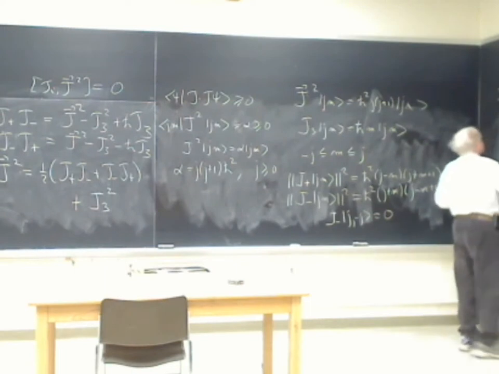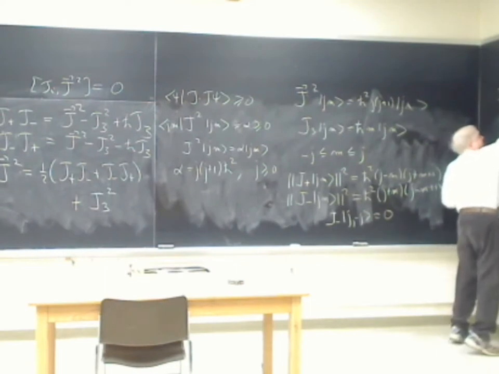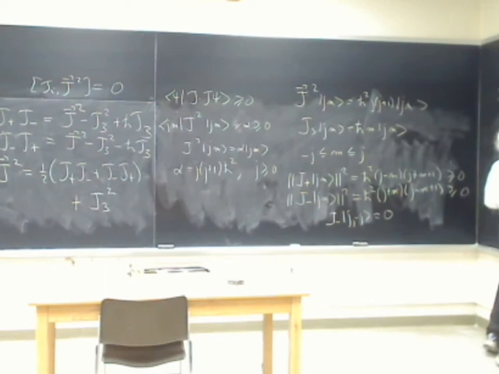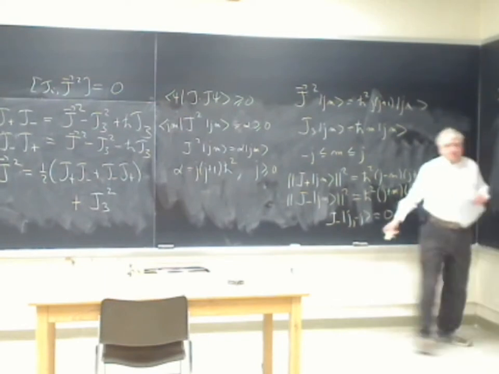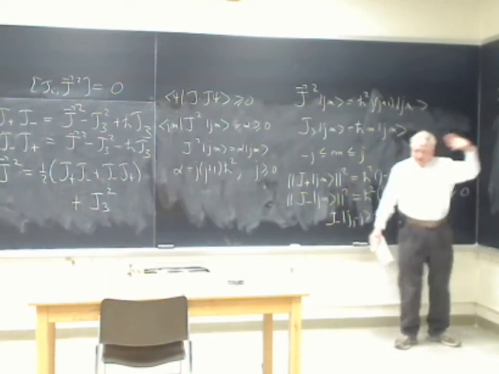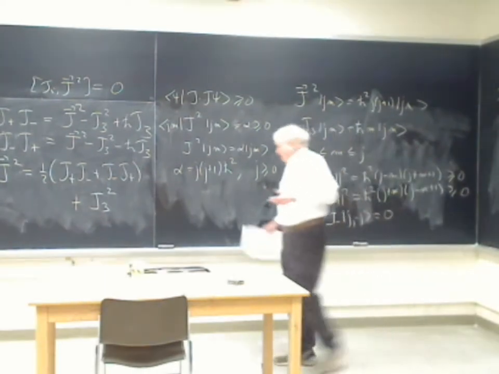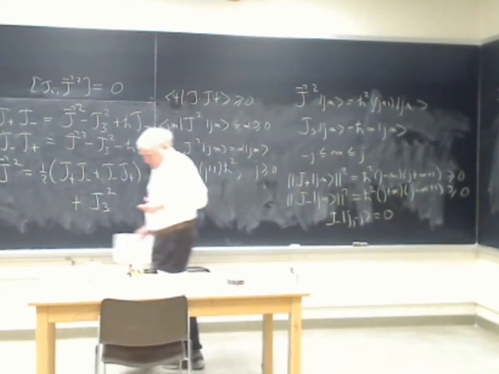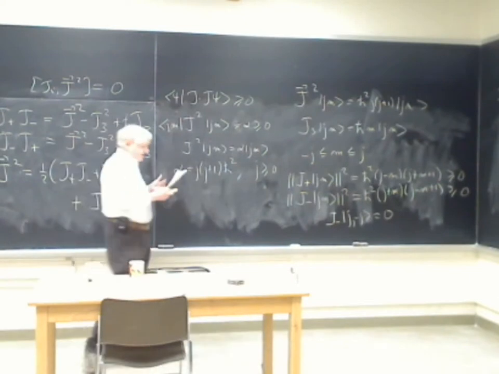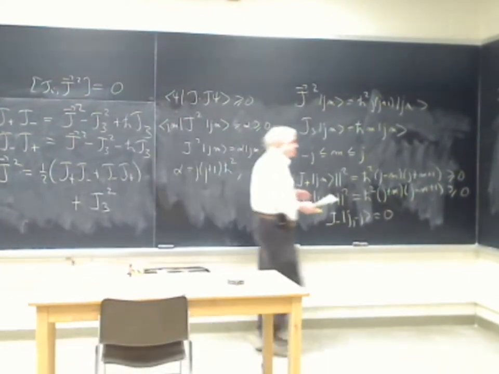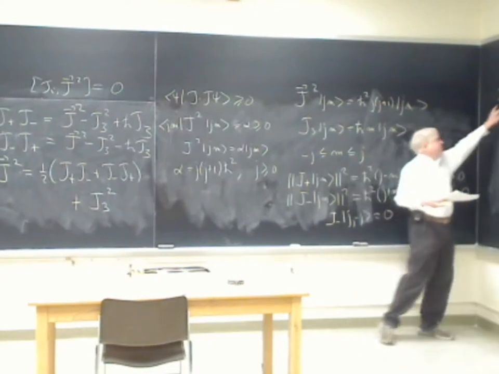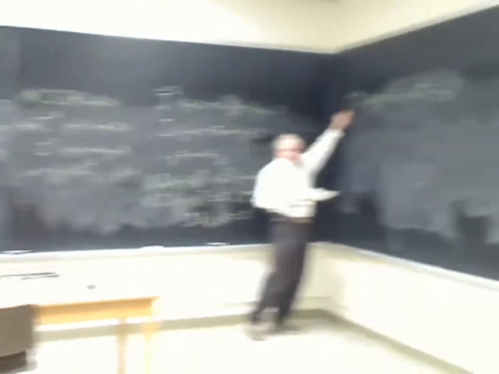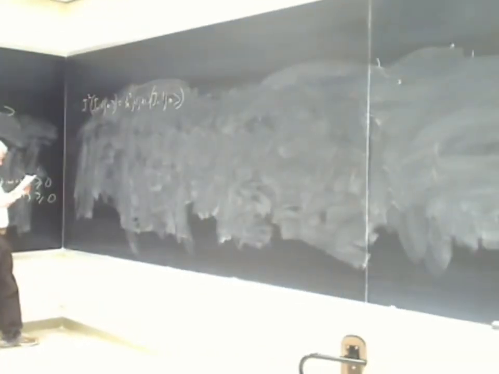And that tells us that this state is an eigenstate of J squared with eigenvalue H bar squared j(j+1). So in other words, when you act with J minus, you don't change the eigenvalue of J squared, because J minus commutes with J squared, and that's because J squared is a scalar.